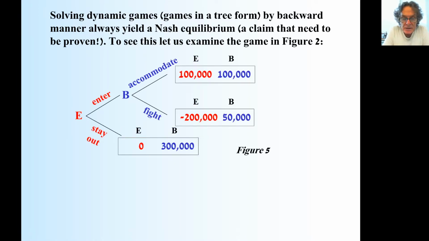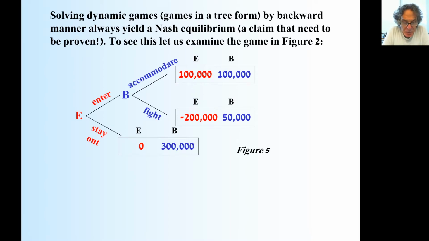So look at this. To see this, let us examine the game in figure 2. In order to find all the Nash equilibria of this game, the idea is to transform the game into a game in strategic form, as if the two play simultaneously.